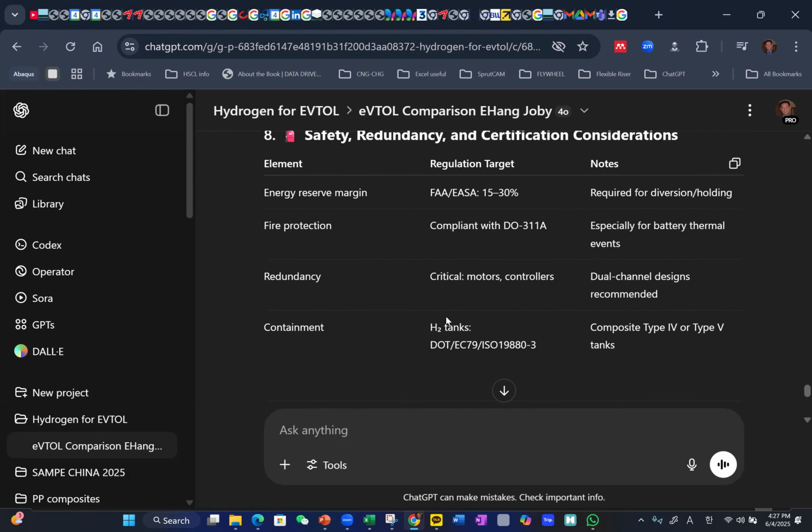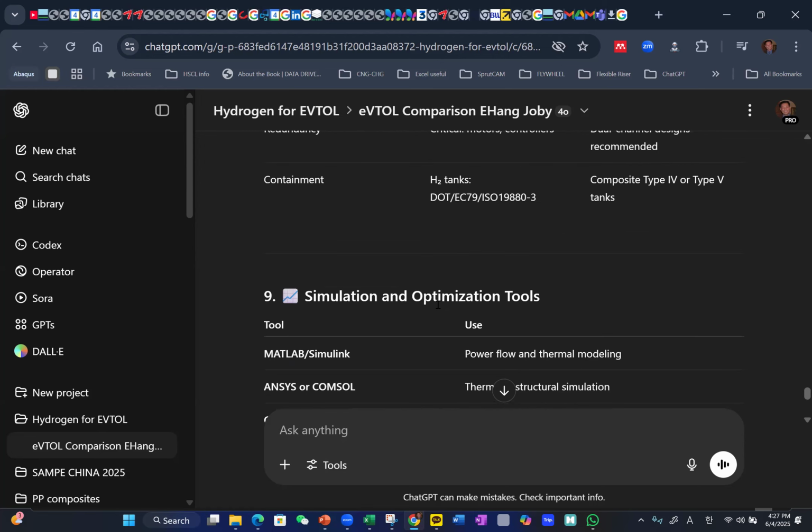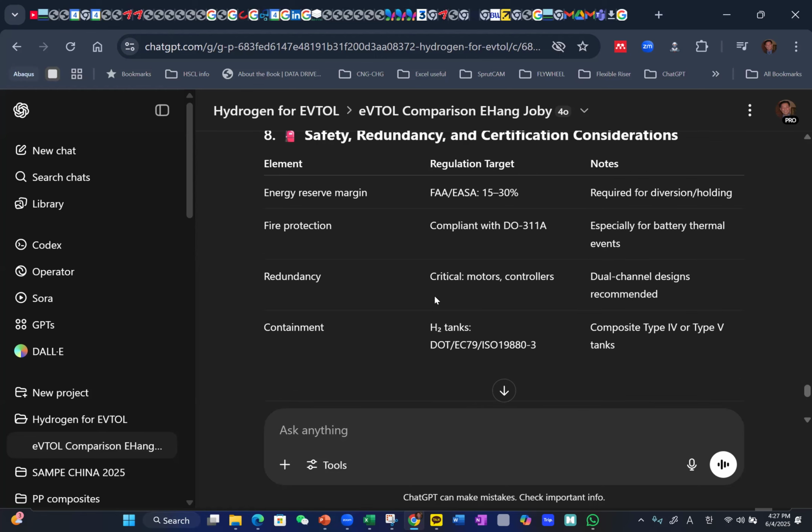Optimization is that we'd like to make the eVTOL as light as possible, taking the least amount of energy and power, and then we need to define the motor and so on.